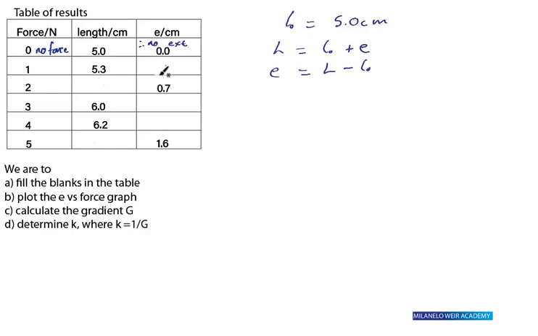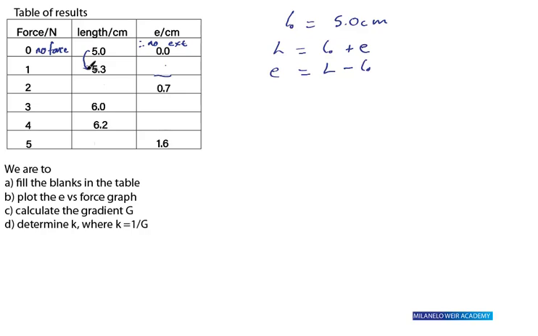So the first blank that we need to fill is this one. So what we have here is 5.3. This is 5.3 from 1 Newton force. The spring extends from 5 to 5.3.